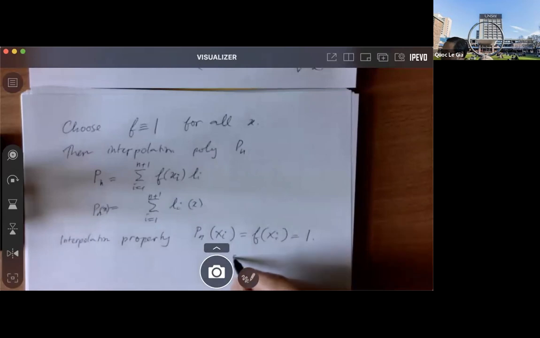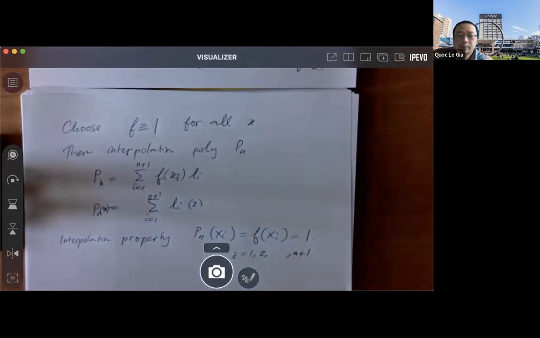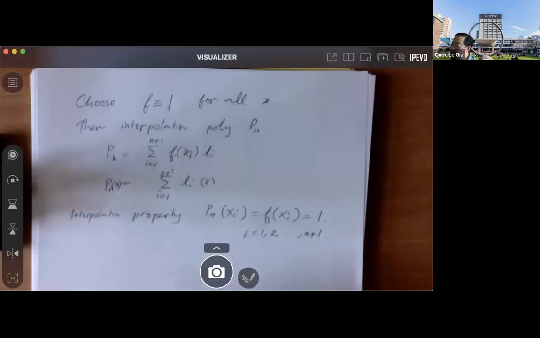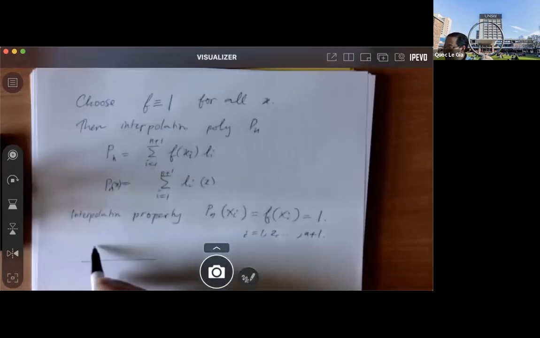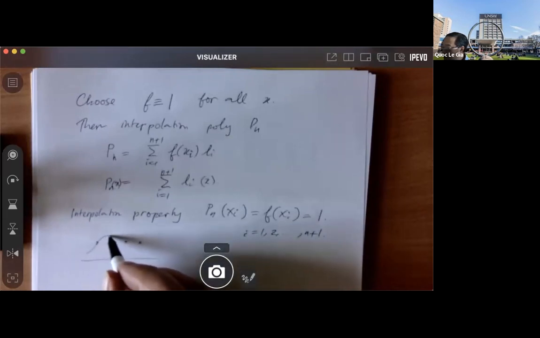For i from 1 up to n plus 1, yeah? So then how do you show that it equals 1 everywhere? You see, because you can have n plus 1 points like this, and the function equals 1 at every point like this, but it could go up and down like this, right?